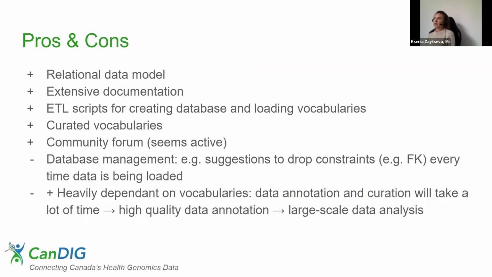They come in CSV files that follow the OMOP database structure, so it's very easy to import them with an SQL statement, for example. There is also a community forum which seems very active, and some discussions were initiated there regarding the mapping of genomics data, for example.